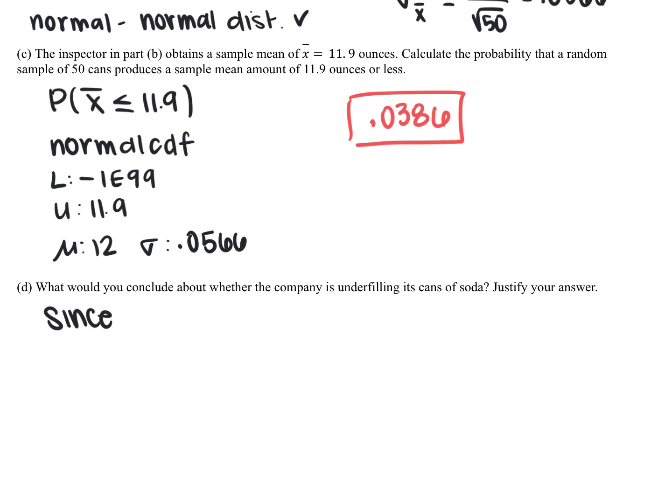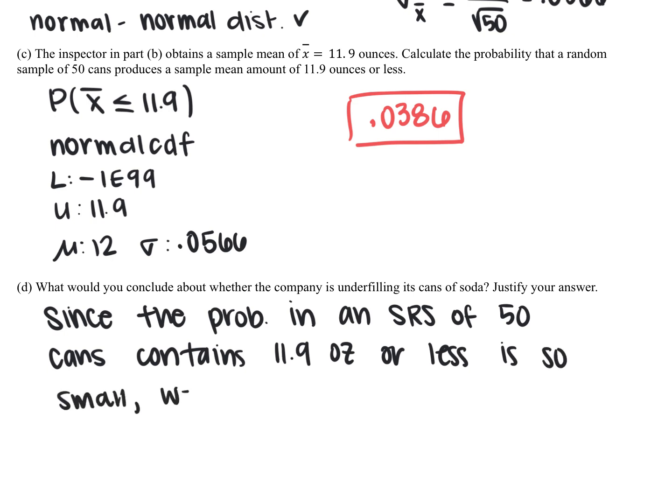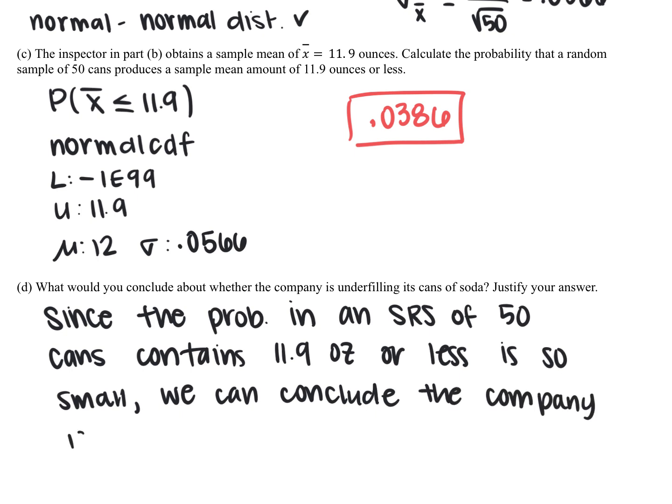So since the probability in an SRS of 50 cans contains 11.9 ounces or less is so small, we can conclude the company is not underfilling cans.